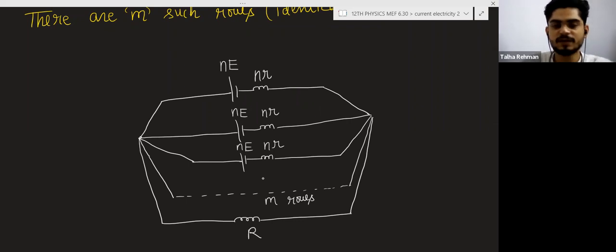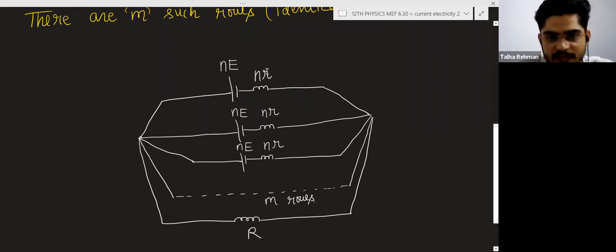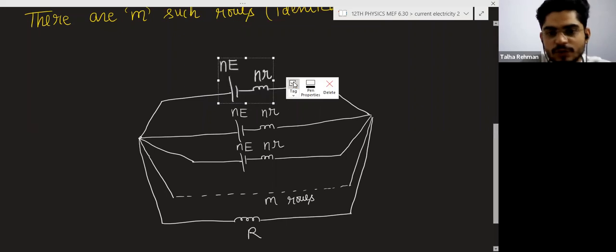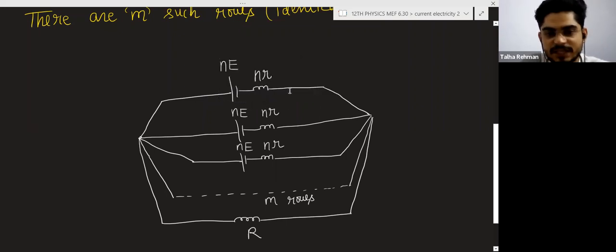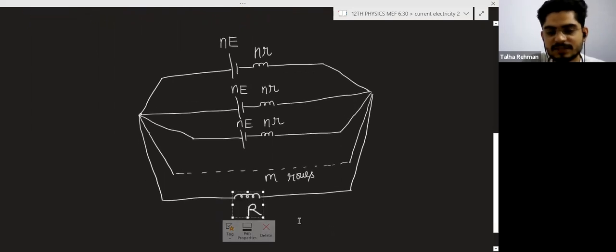Now this is the equivalent cell, so you can consider this as one cell. All m equivalent cells are connected in parallel with this external resistance.